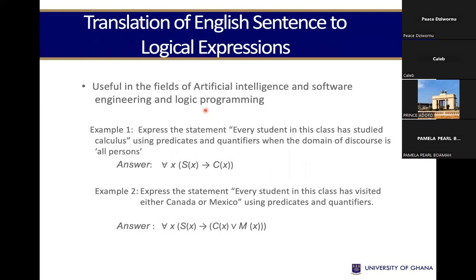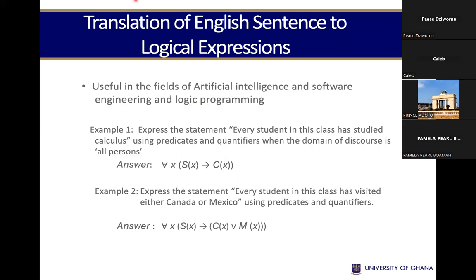Okay, so we want to link up. Now the statement is: every student in this class has studied calculus. This is actually dealing with a universal quantifier.